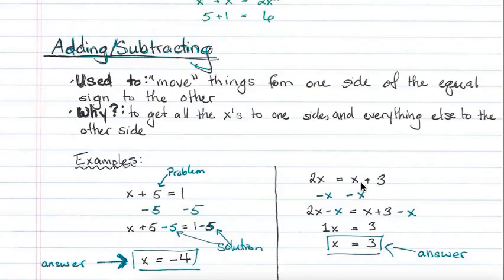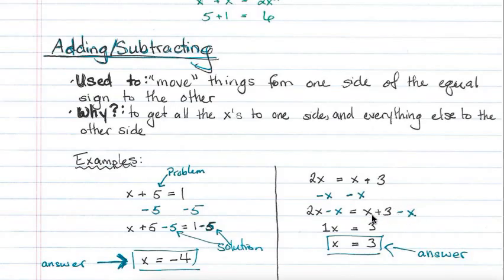Therefore, I want to move this one to the other side. And how am I going to do that? By subtracting. I have a positive x here, so if I subtract x, that'll cancel it out. I rewrote that on this line. Remember, I subtracted x from both sides. As you can see here, now I have 2x minus x equals x plus 3 minus x.